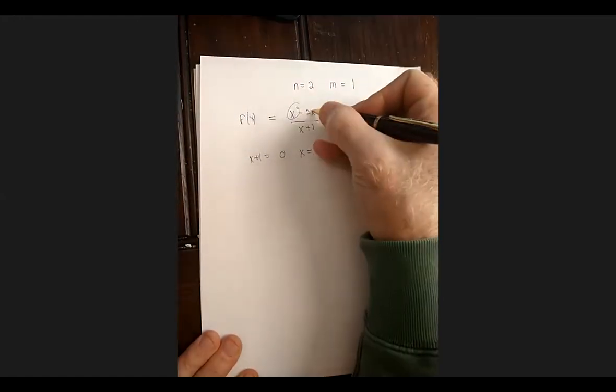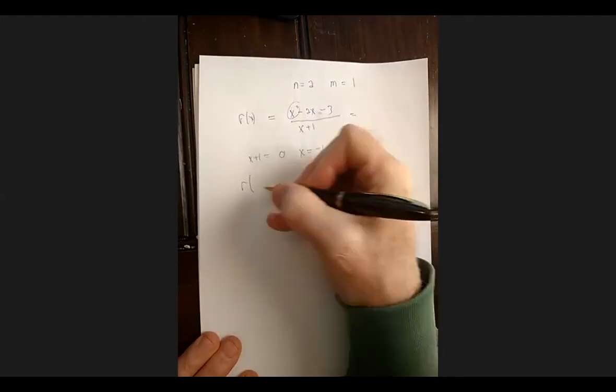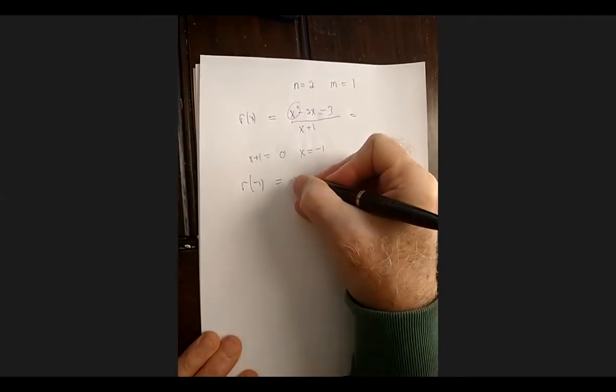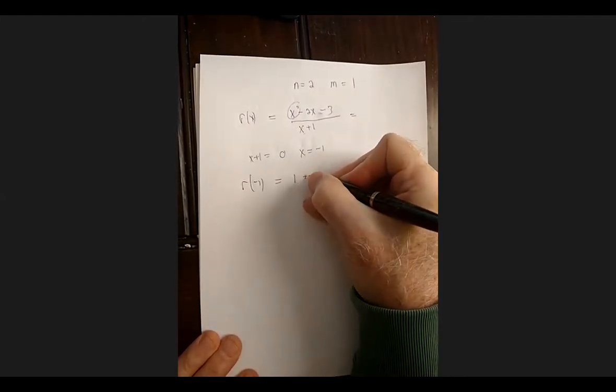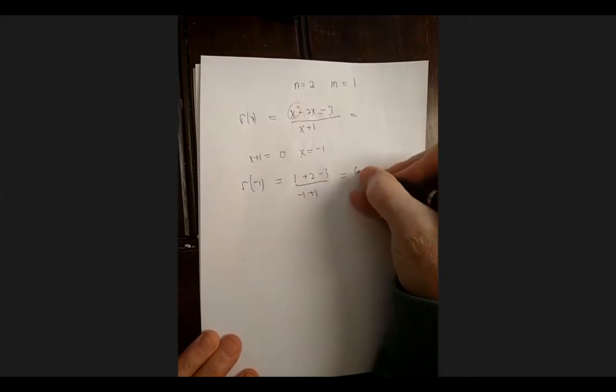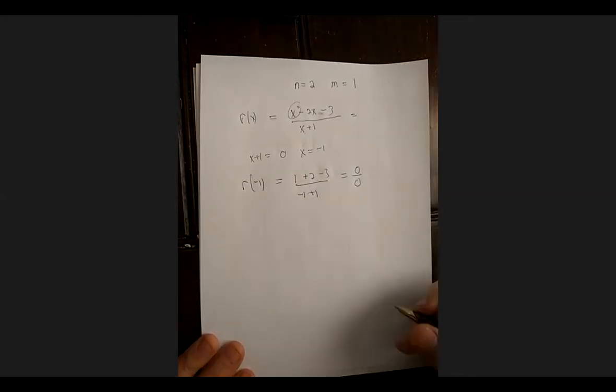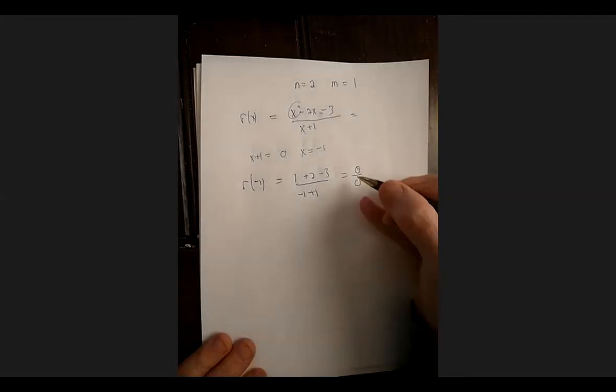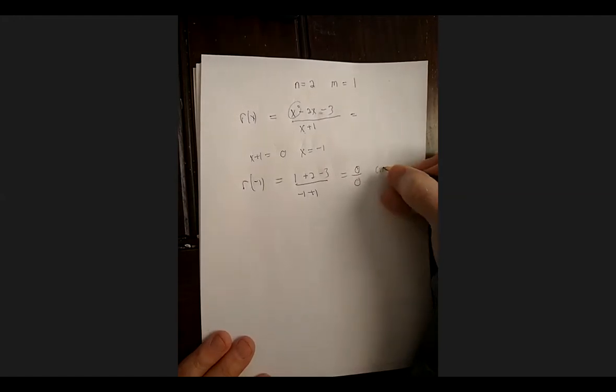But if I plug r of minus 1 in, I get 1 plus 2 minus 3 on top, and minus 1 plus 1, so I get 0 over 0. Now, all what I said before doesn't always hold. So we got to do the factoring before we figure out what's going on. So this tells me that there's a common factor.